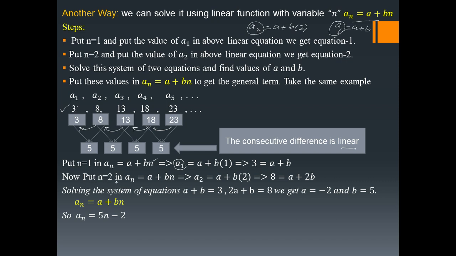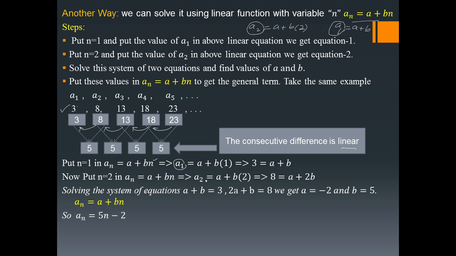Now put n is equal to 2 in the equation an is equal to a plus bn. We are getting a2 on the left, and on the right side a plus b multiplied by 2.